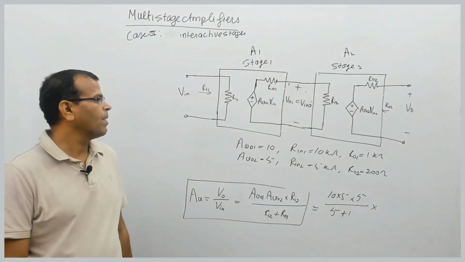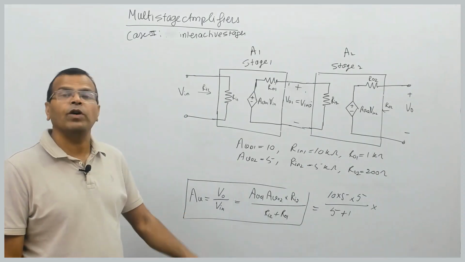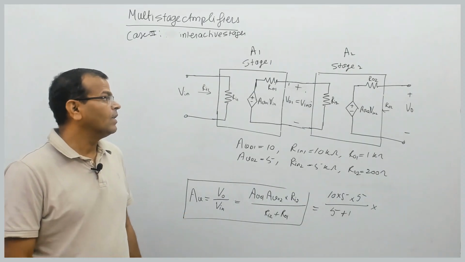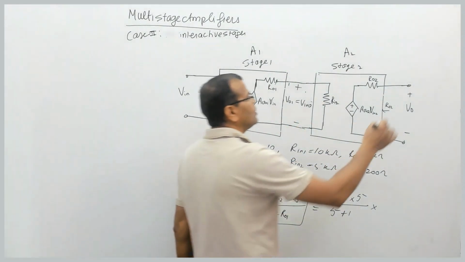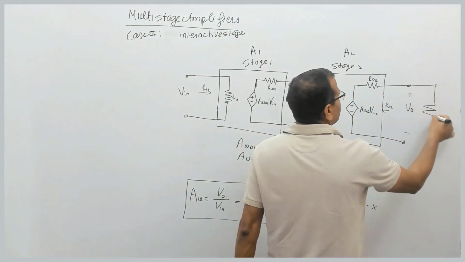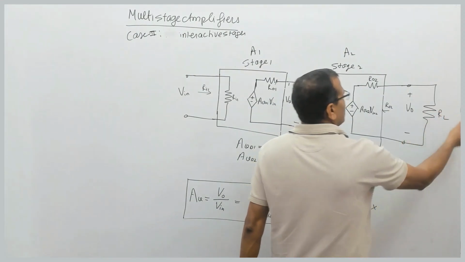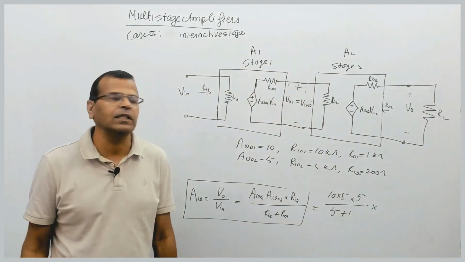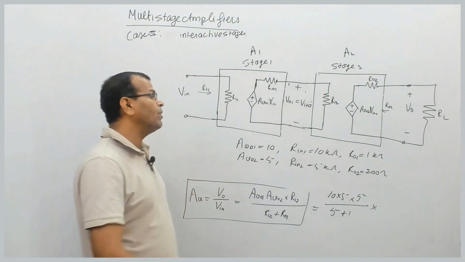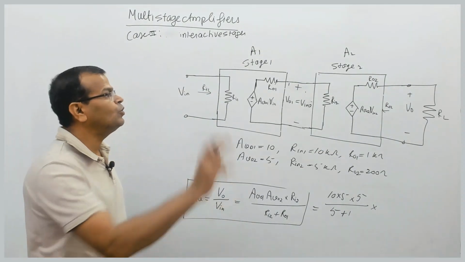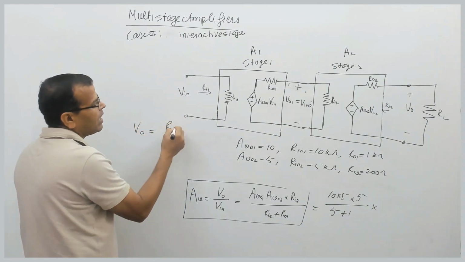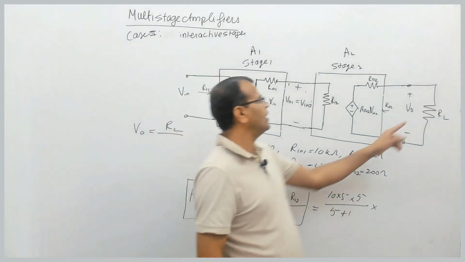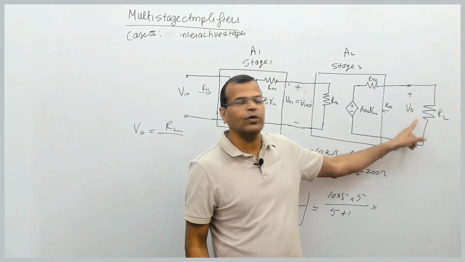Fine. But here I observed one more thing. This was the case when you have an open circuit, so that will be your answer. Suppose I have a load connected here. In fact, in GATE there was one resistance connected here. In that case, what will be the output? V0 will be RL divided by RL plus Ro2, since I have two resistances in series and have to find the voltage across this.